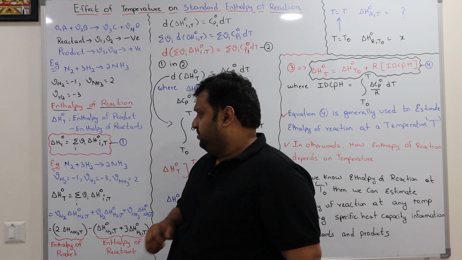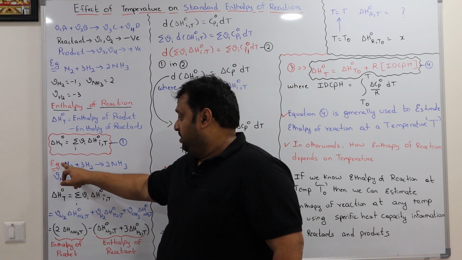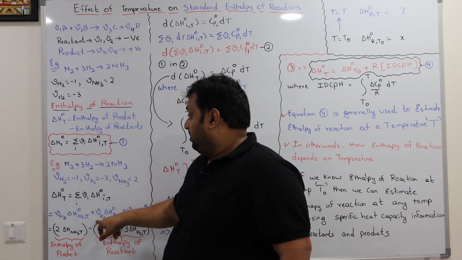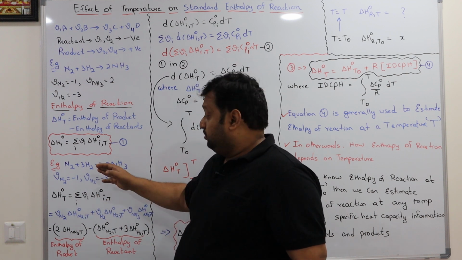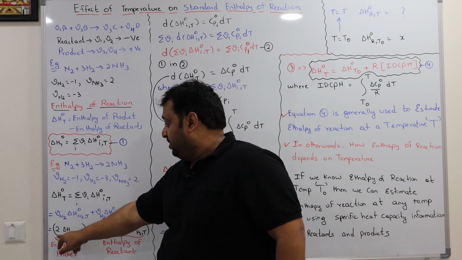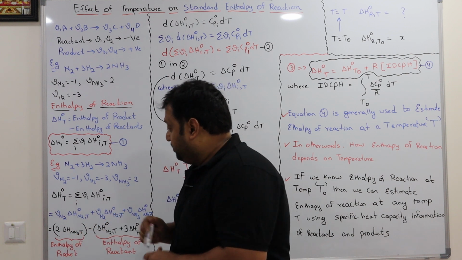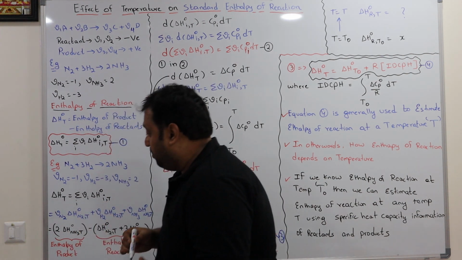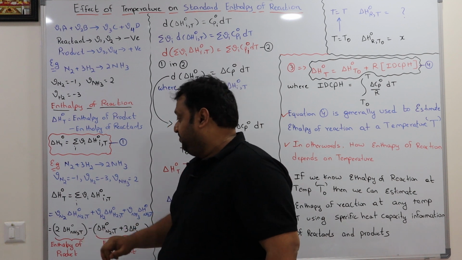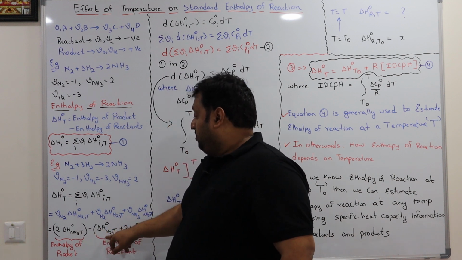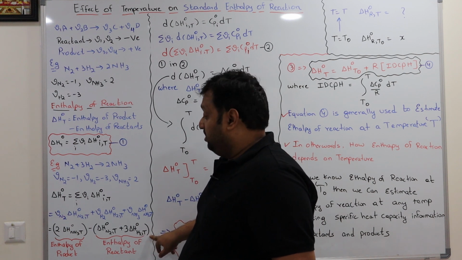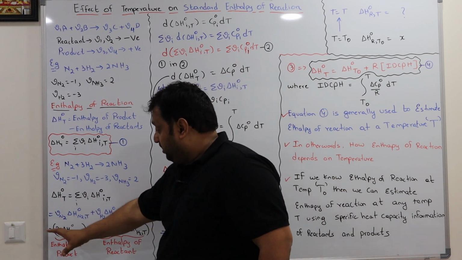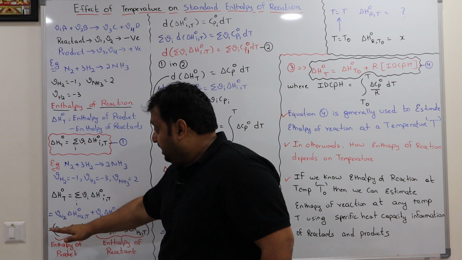We already know nu N2 is -1, nu hydrogen is -3, and nu ammonia is 2. If you substitute, you get 2 times the enthalpy of formation of ammonia at temperature T minus the enthalpy of formation of nitrogen plus 3 times the enthalpy of formation of hydrogen.